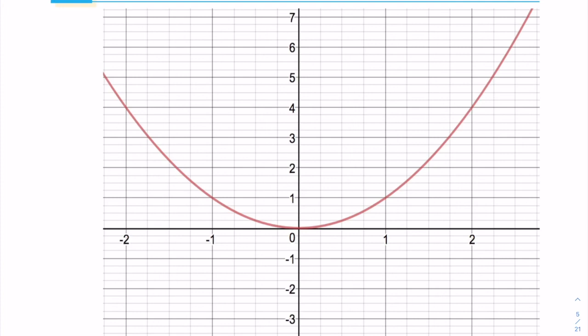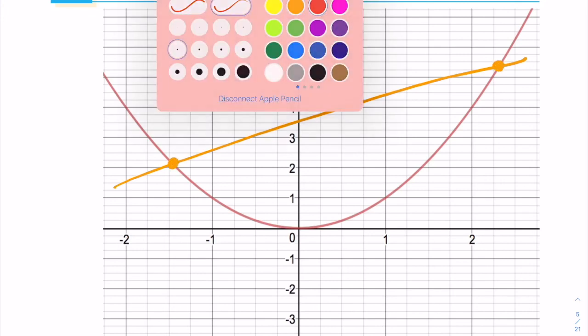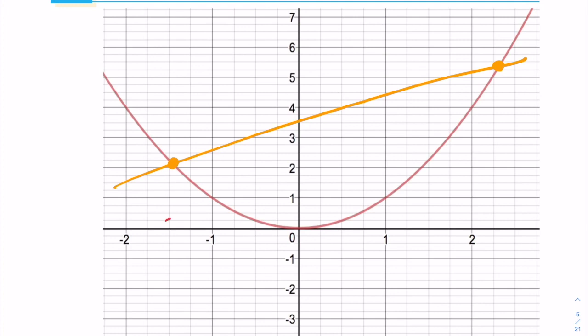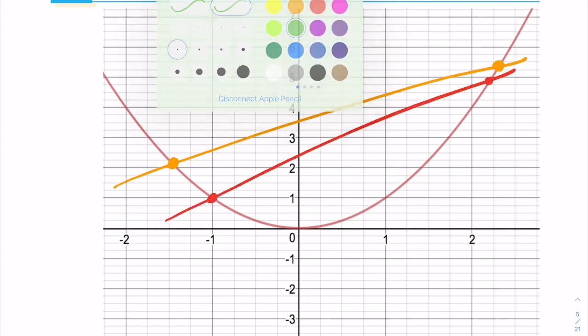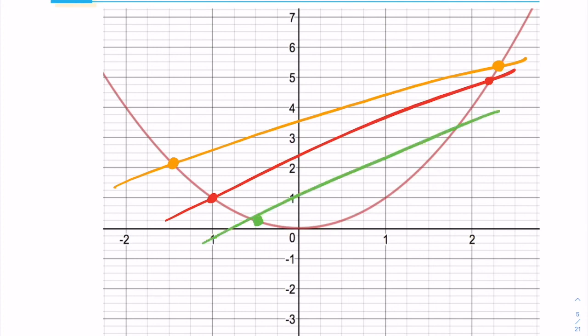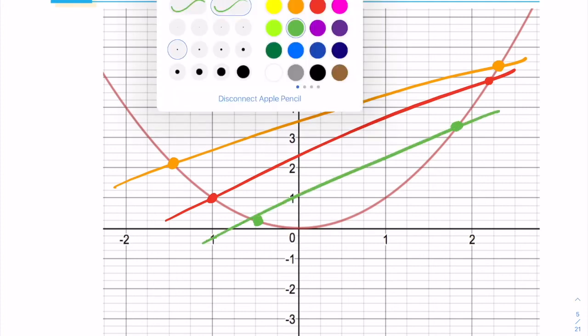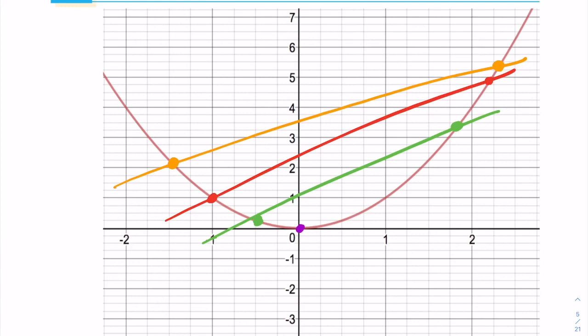I am going to draw many secant lines. Here's an orange one. Here's a red one. Here's a green one. Here's the purple one. All of these are secant lines because they're intersecting the curve twice.